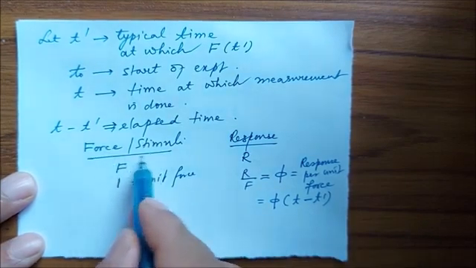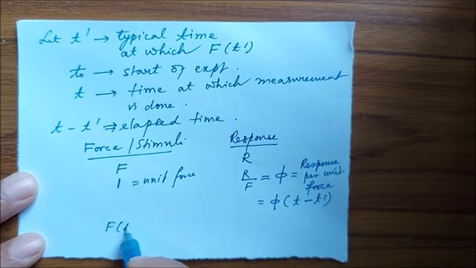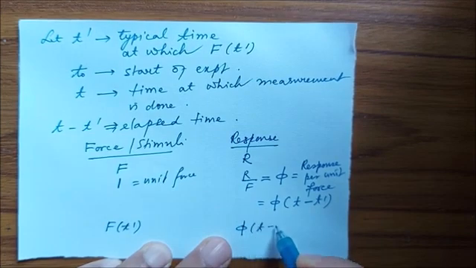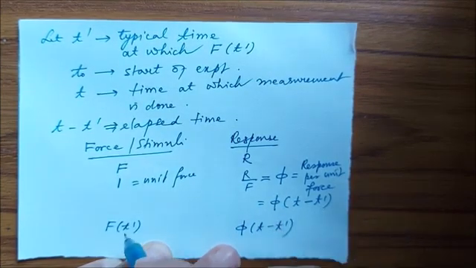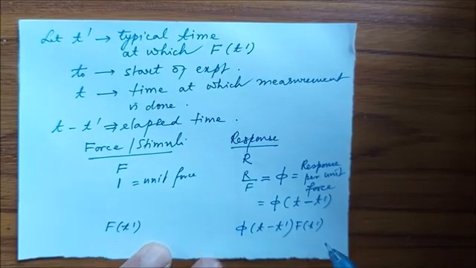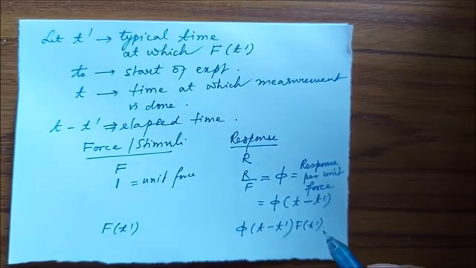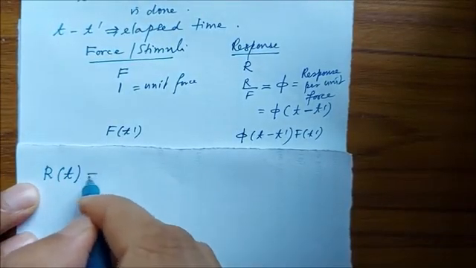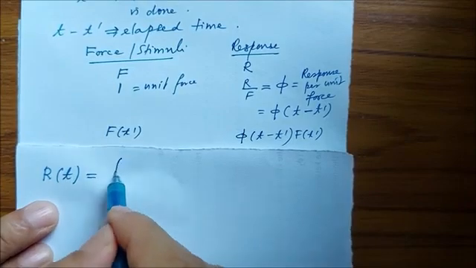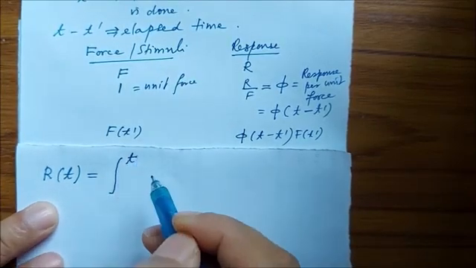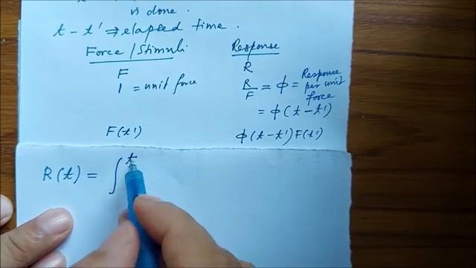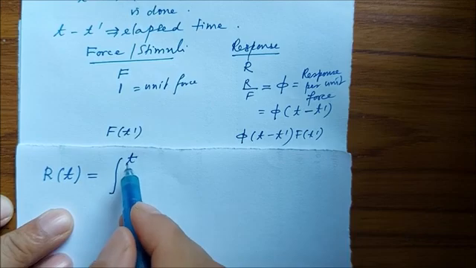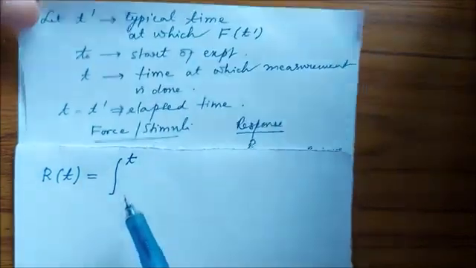So when force or stimuli is f of t prime, then the response will be this multiplied by f of t prime. So now we are in a position to write down the response. Response is R at time t. Here we should have t, the time of measurement, because we are interested to find the response at time t, up to which we have measured. And measurement is done from t0.